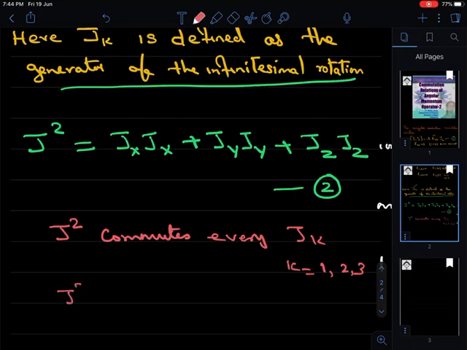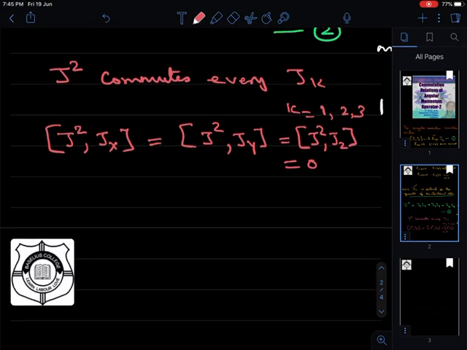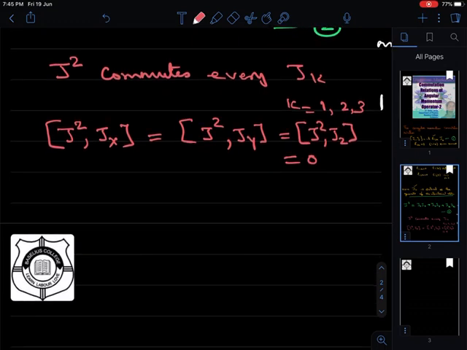So J square commutes with Jx. It also commutes with Jy. It also commutes with Jz. That means the commutation will be 0. So we have to prove this. In this video we will be proving that J square commutes with Jk.